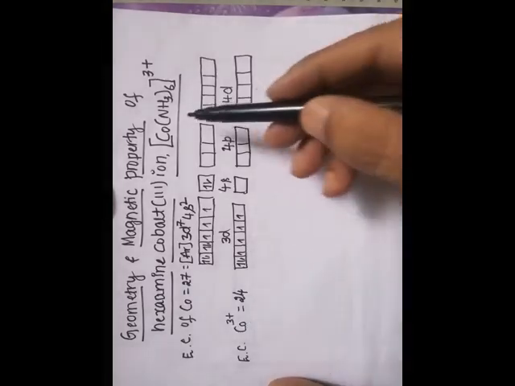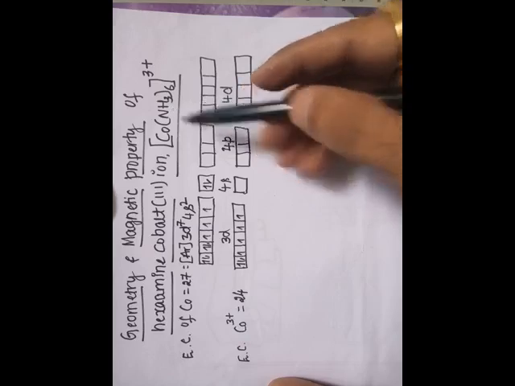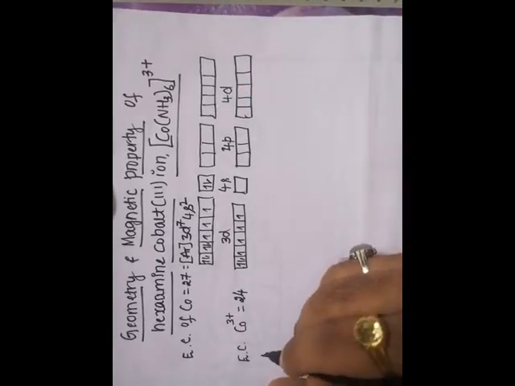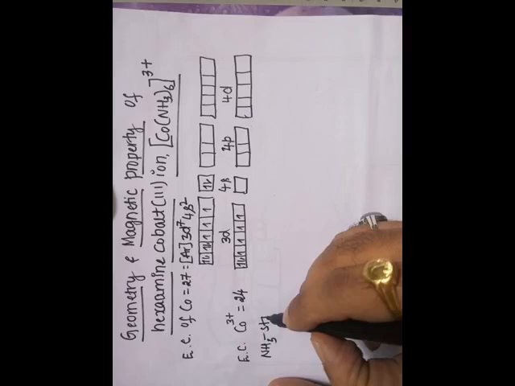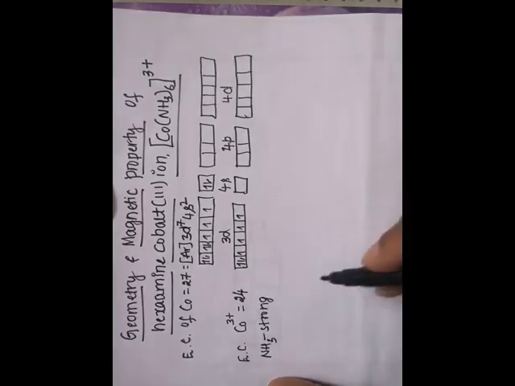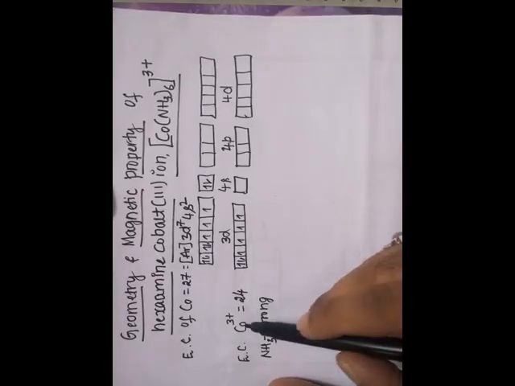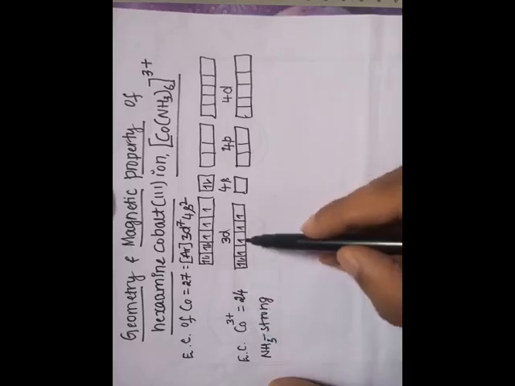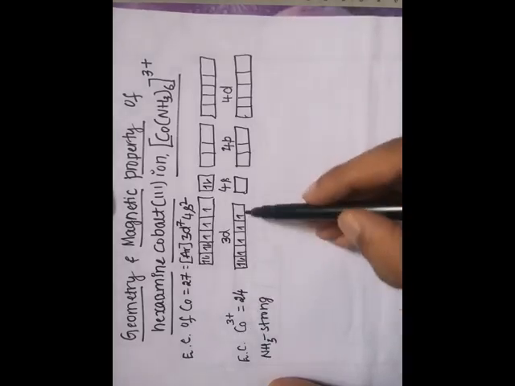Here in this complex, the ammonia ligands are present. These ammonia ligands are strong ligands. According to the valence bond theory, when strong ligands approach the central metal ion, the unpaired electrons present in the metal ion get paired up against Hund's rule of maximum multiplicity.